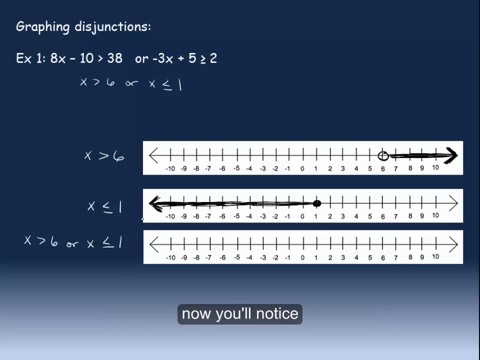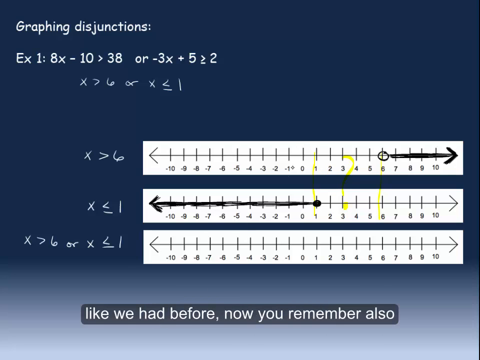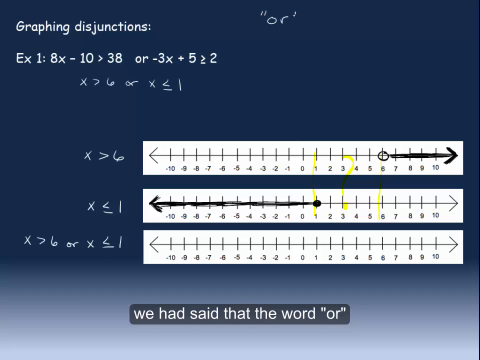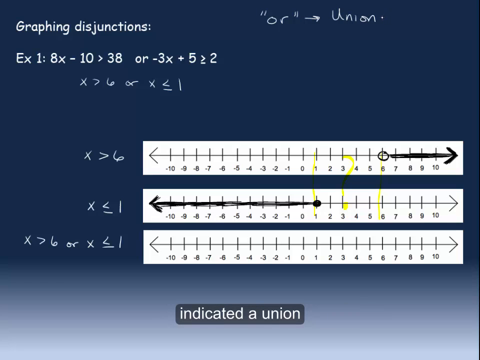Now you'll notice that these graphs do not have an overlap like we had before. Now you'll remember also we had said that the word or indicated a union, which indicates combining, not overlapping.